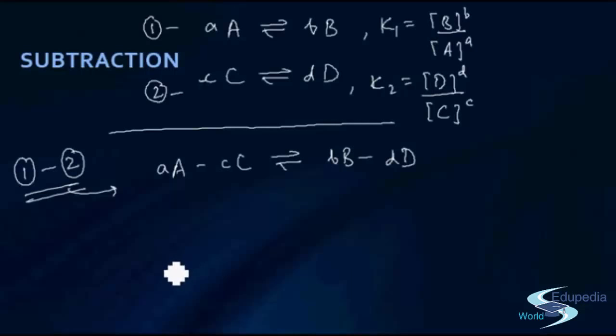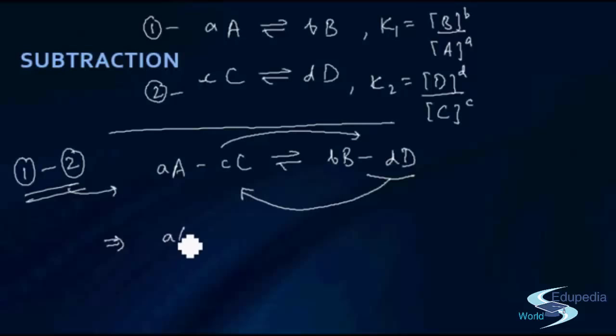Once again, chemical reactions can be treated as mathematical equations. So I can simply take this negative sign with D over here, and that will make it positive. Similarly, minus C from here will go on this side and become plus C. So this chemical reaction can be rearranged to give me my resultant chemical reaction in this form.